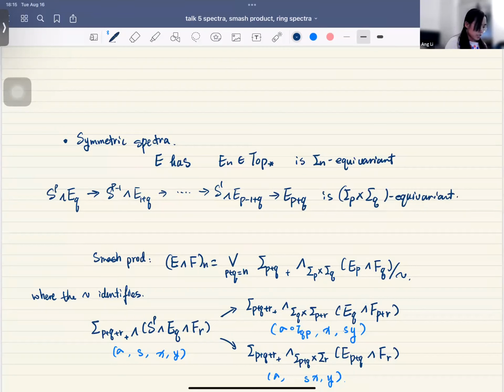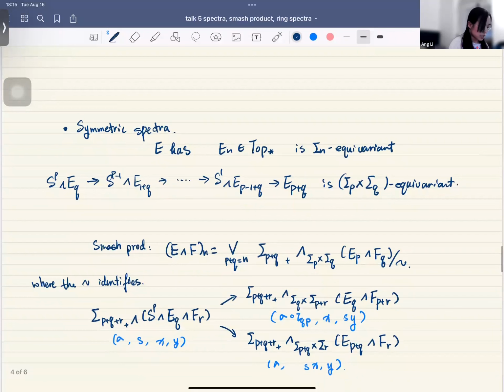Okay, so that's their construction, and the smash product's explicit formula is defined in this way.